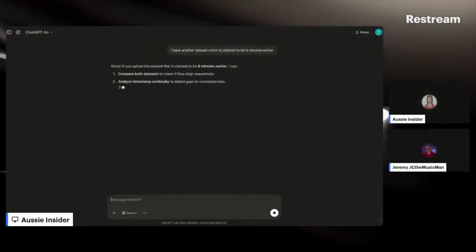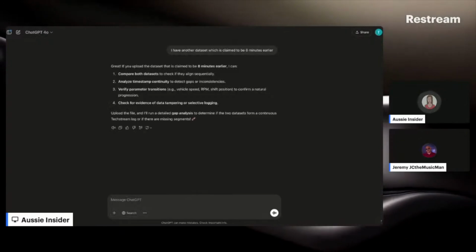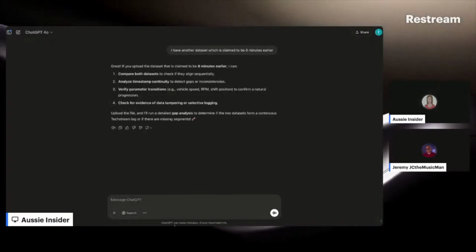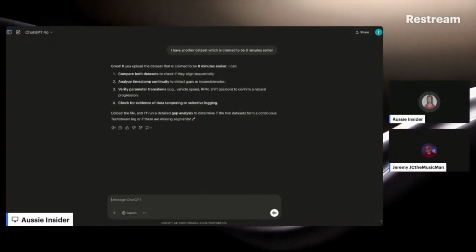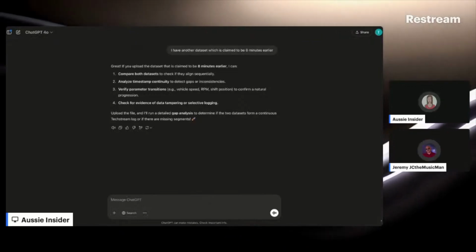Is it earlier or later? I forget. It's going to say, why is there a gap? Where's the 8 minutes that are missing? I already know that because I asked it that yesterday, but we'll continue with the exercise.